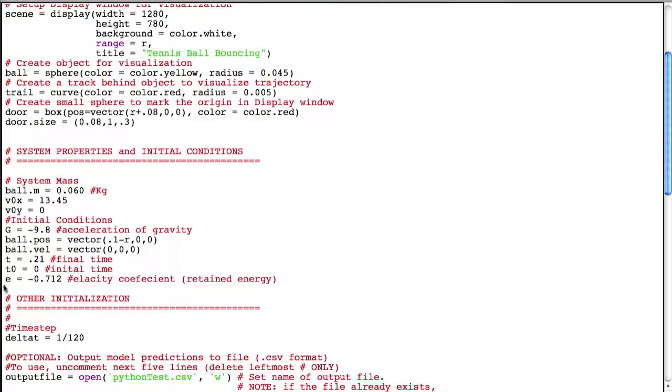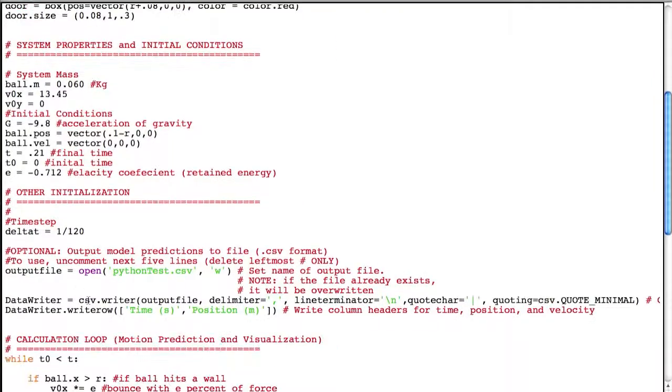This is the elasticity coefficient. Basically, when the ball hits the wall, it will only retain 0.712 of its velocity. And the final time we also got from tracker. Delta T is 1 divided by 120 frames per second.